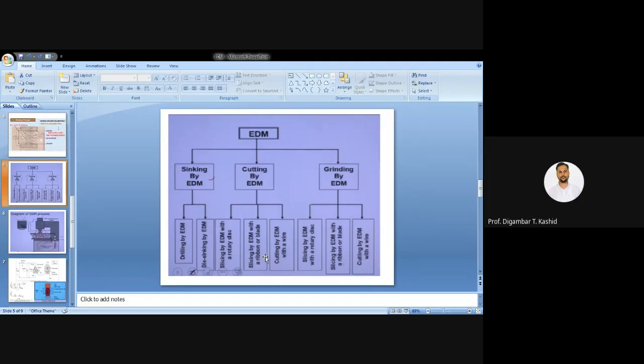Another type of EDM is grinding. So grinding by EDM operation is also possible. In that, again, grinding by slicing with a rotary disc grinding tool is also possible, then using a ribbon or blade, or cutting by the wire, that is also possible.